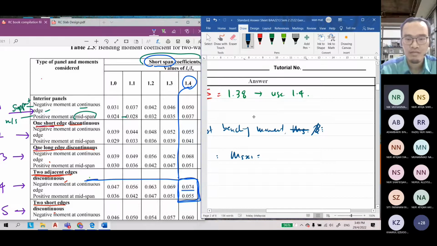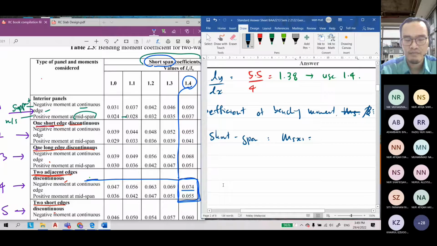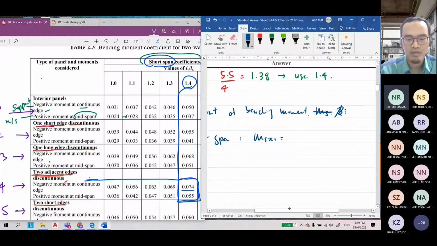Which value? msx1. The top or bottom? Positive or negative? Positive. Okay, good. Positive moment.